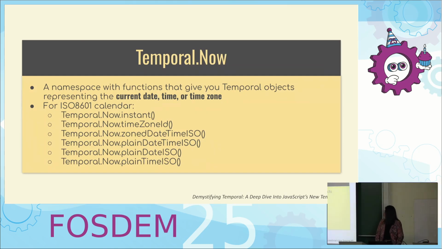And that's where the Temporal.Now namespace comes in. It is a namespace with functions that give you Temporal objects representing the current date, time, or time zone. So for the ISO 8601 calendar, that is the machine calendar, I will tell more about calendars later, you can get the Temporal object, so you can get an Instant, a time zone ID, ZonedDateTime, etc. And then use it. So, okay, we got the current time, but how do we get the milliseconds?